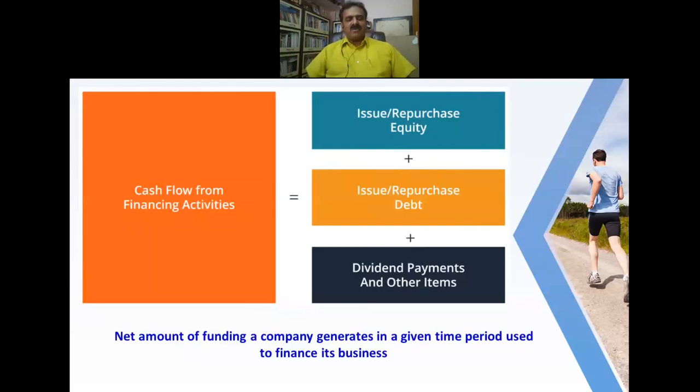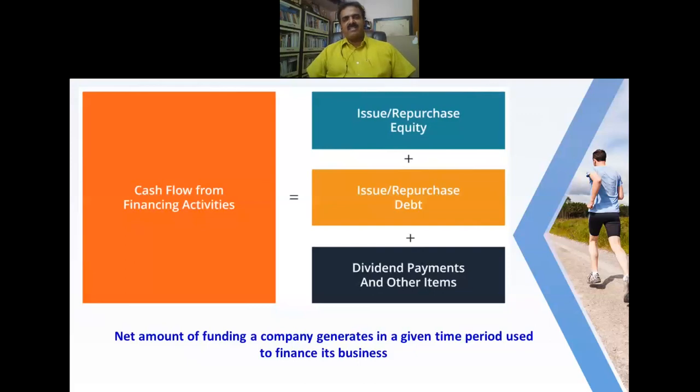Based upon the net amount that has been generated in a given period of time to finance its business, mainly pertaining to its equity or any kind of debt, either it may be the issue or it may be repurchase. When it comes to the shares, either it may be a reissue of shares, or it may be a redemption. Or a debt has been raised or debt has been paid back.